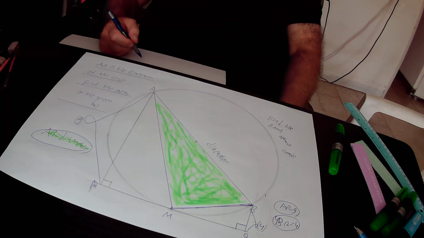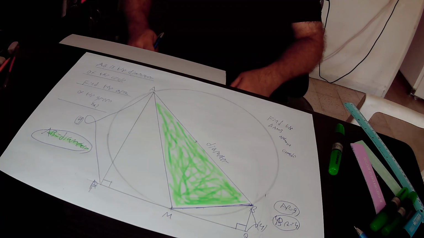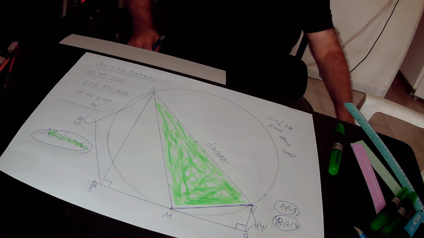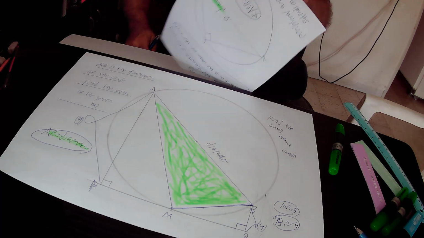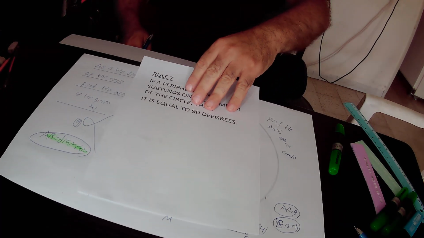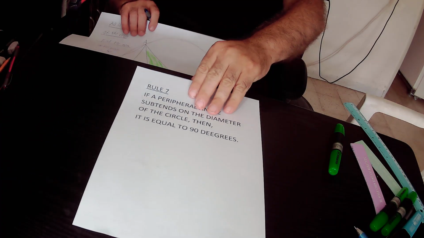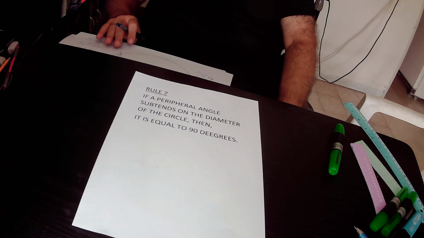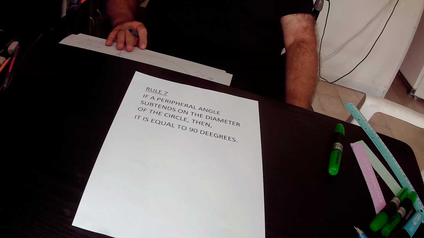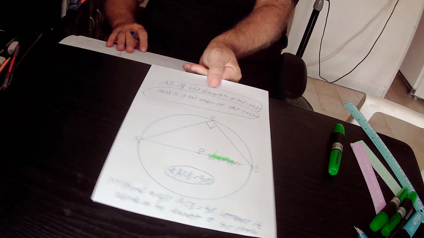So first of all, we can implement here rule 7. So repeat quickly on rule 7. According to rule 7, if a peripheral angle subtends on the diameter of the circle, then it is equal to 90 degrees in its size. In the drawing, we have a circle.